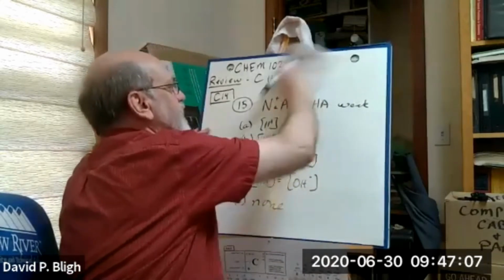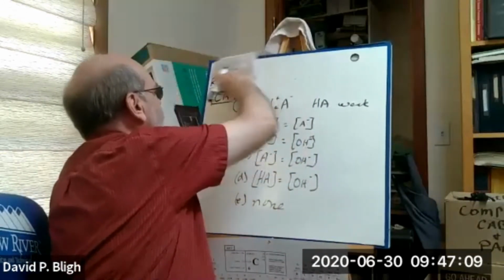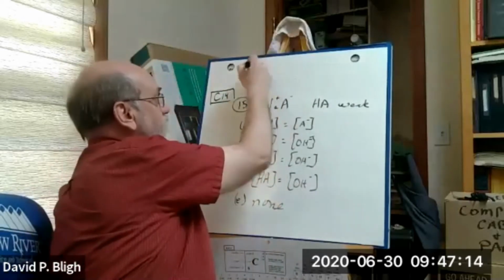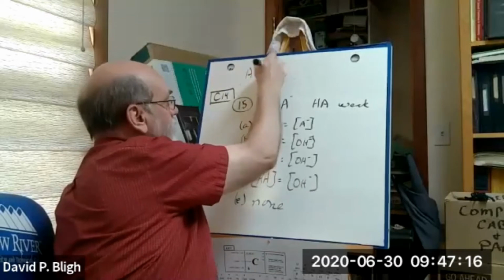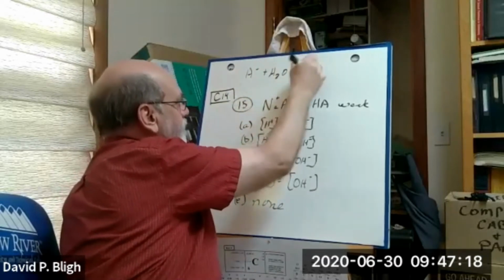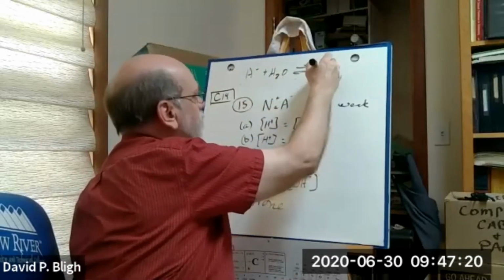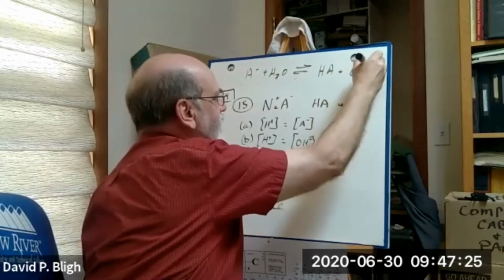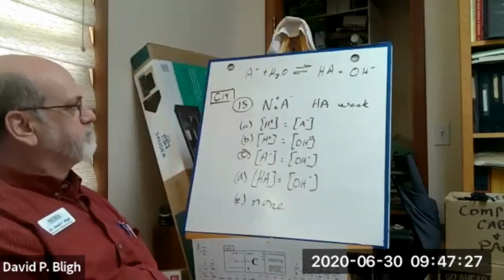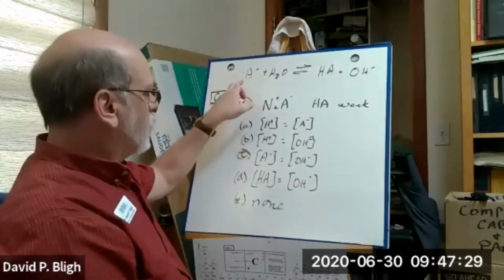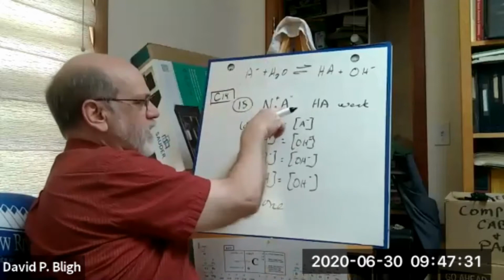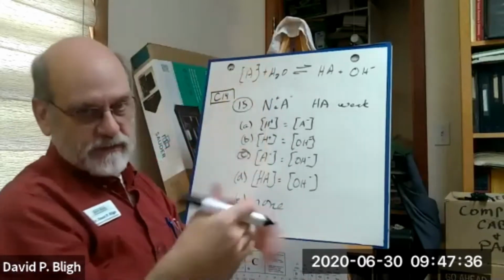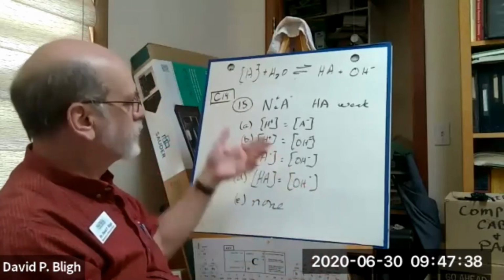Let me erase this so I can continue talking without having to erase anything down here. So the reaction that's going to happen is this one plus that one yields this one plus that one. Okay? So we know the concentration of this one because we established it there, at least the initial concentration. So it's going to react with water.